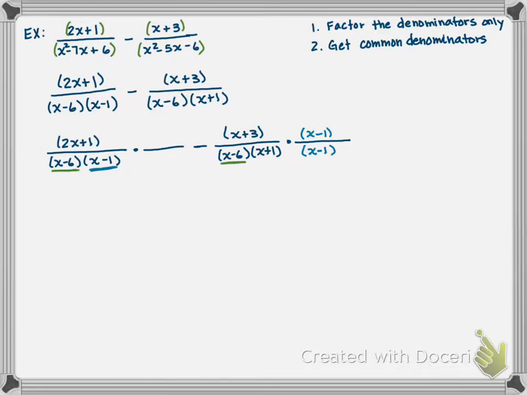Are there any other factors that I need to take into consideration? X plus 1. Yeah, there's a factor of x plus 1 right here, which I don't have in my first fraction. So we're going to multiply by x plus 1 over x plus 1. So now both fractions, both terms have a factor of x minus 6, a factor of x minus 1, and a factor of x plus 1, which means I've got my common denominators and I'm ready to combine.